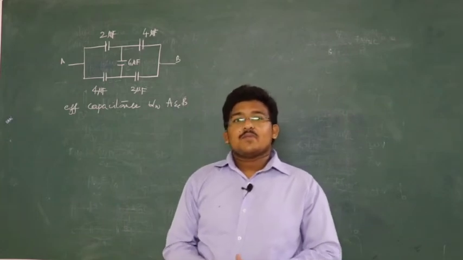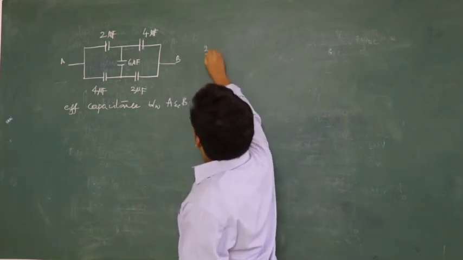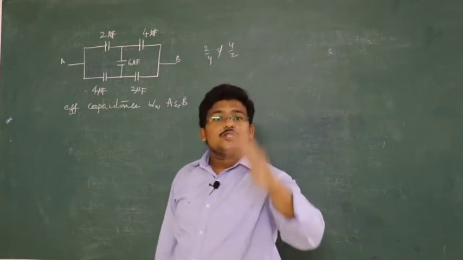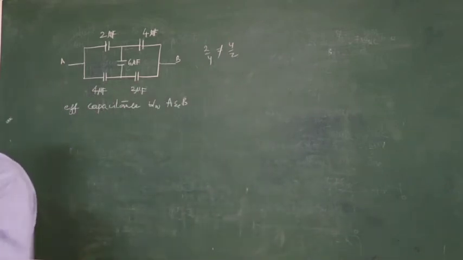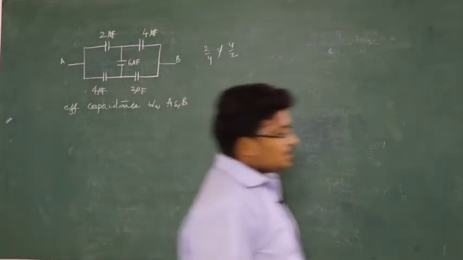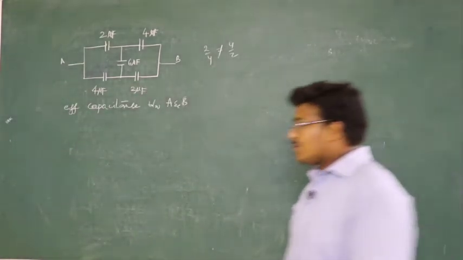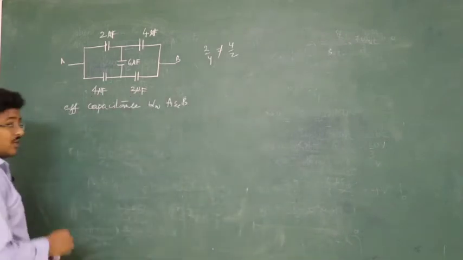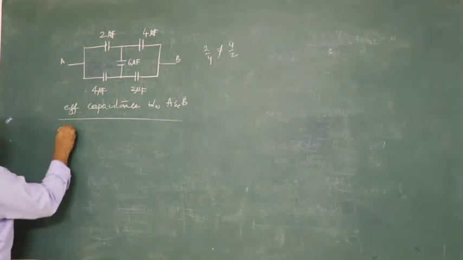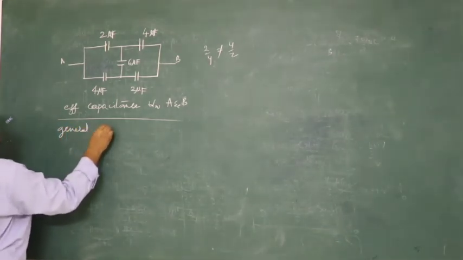They are not the same, so the ratio of 2:4 is not equal to 4:2. Hence, it is not a Wheatstone bridge. Then in this type of problem, what do we need to do? We have a certain procedure for all such questions. You can do it for any question. So, the general procedure.